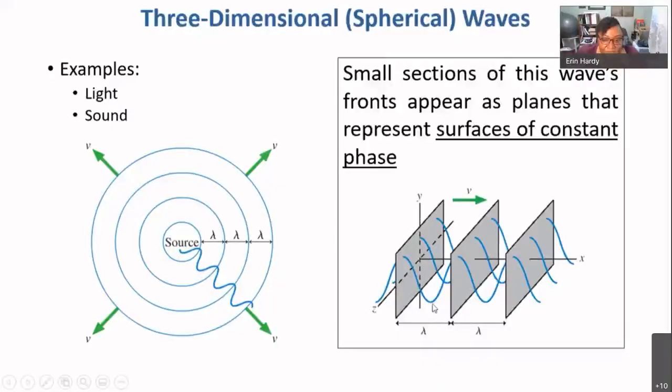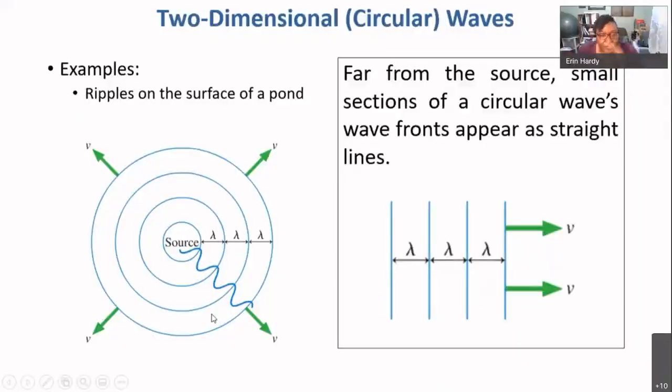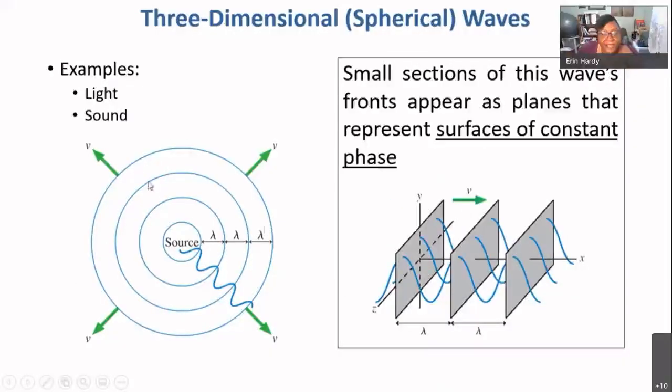We can see that that's also true here. If we look at the midpoint between 2 adjacent surfaces of constant phase, we're going to find a trough as opposed to a peak. So these 2 diagrams, this one on the left-hand side and the one we saw on the previous slide, are identical, but we can think about them as being something that's happening on a 2-dimensional surface in the first case, and then a cross section of a 3-dimensional shell in the next case.